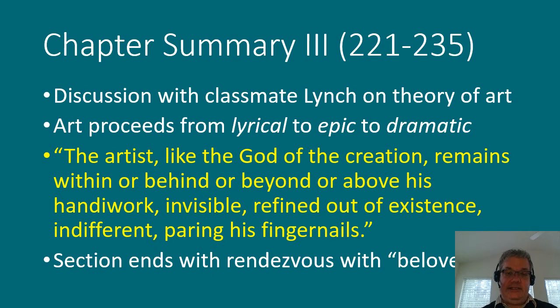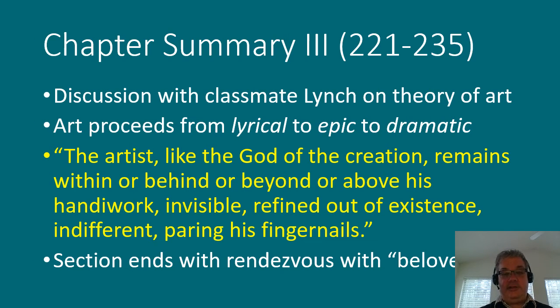The next passage is a complicated passage, and you don't need to get it all. If it all seems very complicated, his aesthetic theory, this is stuff Joyce is working out. This conversation with Lynch you don't need to know it all.